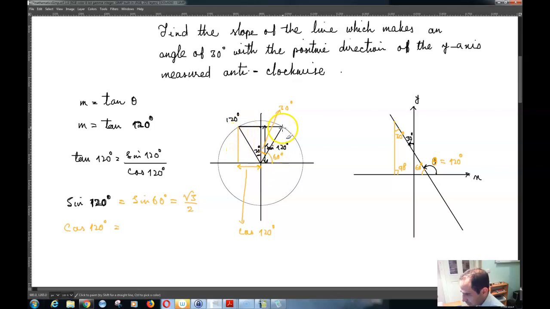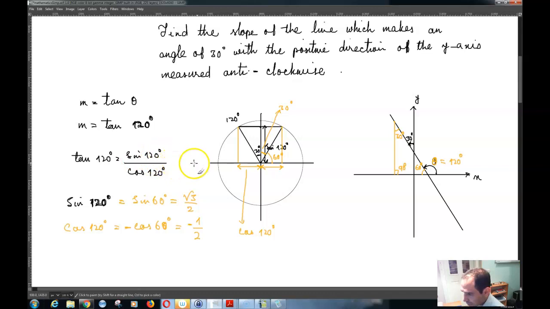So you see that if I draw this triangle over here, and this is a 30-degree angle, it is exactly equal to this distance over here, but the algebraic opposite of that, meaning that this is a negative value, this is a positive value. So I can write cos of 120 degrees is equal to negative cos of 60 degrees. Right? And so cos of 60 degrees is equal to 1 by 2, so that's negative 1 by 2.